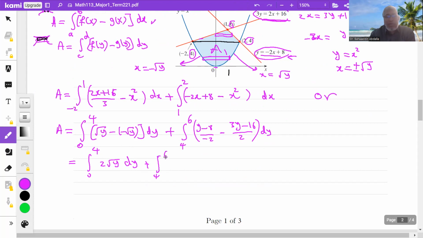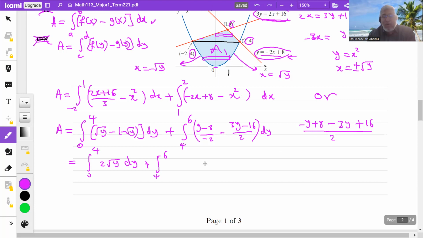And also I can simplify these two. If I say it is y minus 8, let me take the minus up. So it's minus y plus 8 over 2 minus 3y plus 16, because the minus will affect the two terms, both over 2. So negative y plus negative 3y, that's negative 4y over 2.